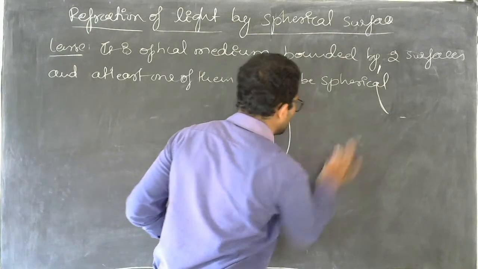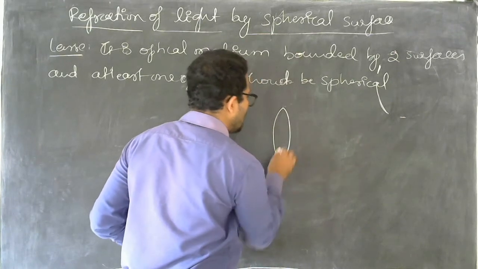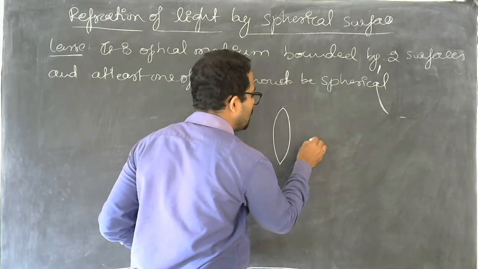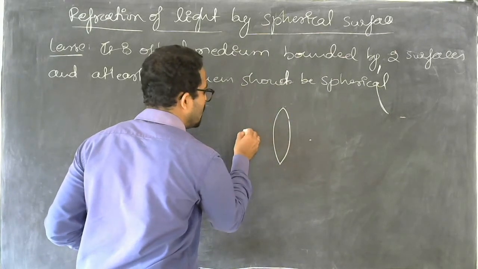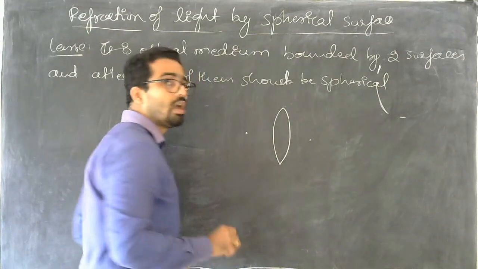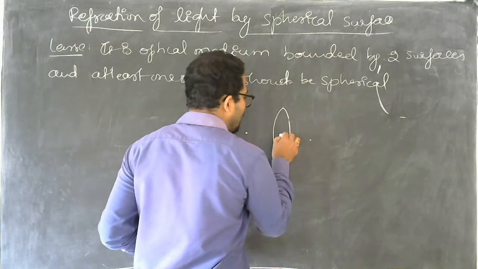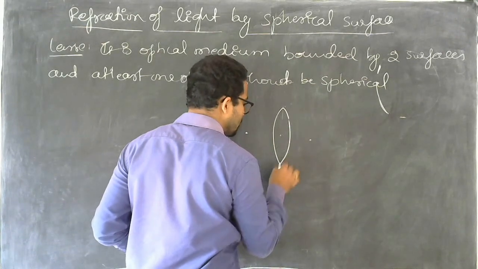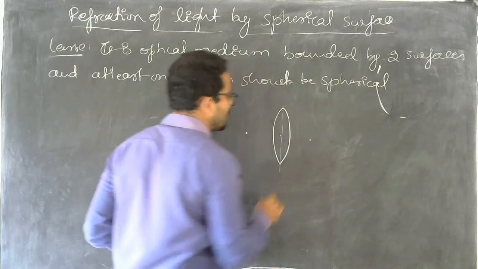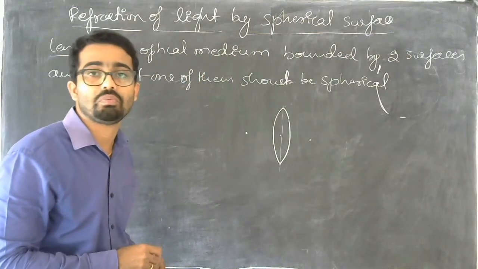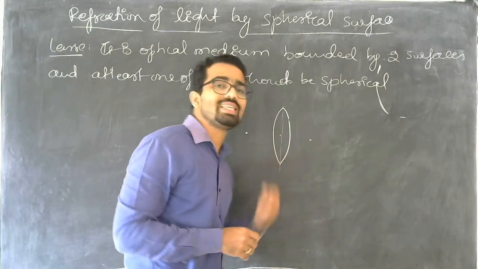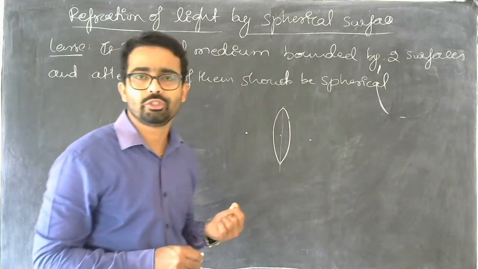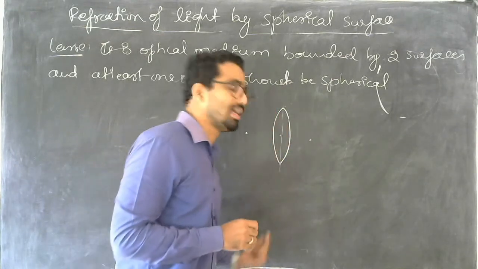So this sphere will have some center here, and this sphere will have a center over here. And the center of this lens is called the optic center. The geometrical center of a lens is called the optic center.